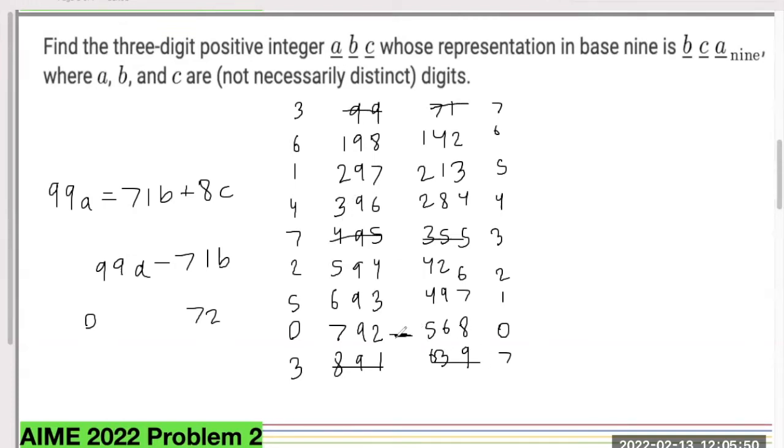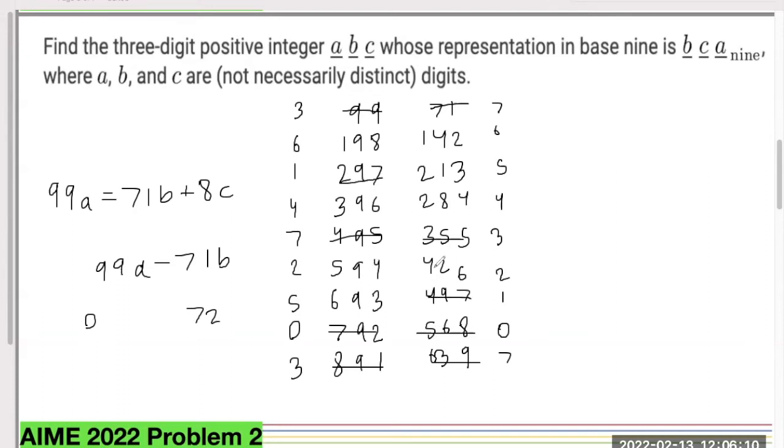With the two zeros, they're pretty close to each other, only 200 apart, but remember, we have to have them be 72 apart. So this is still too big, so those are out. We can take the ones in mod 8, 297 and 497, but once again the difference is too large, so they're out.